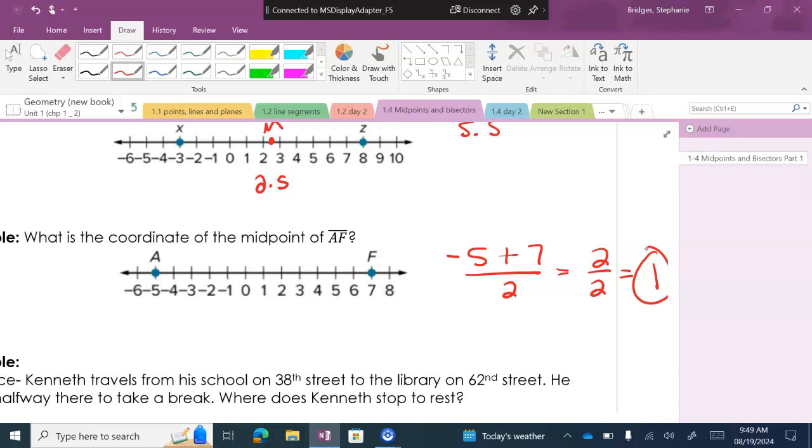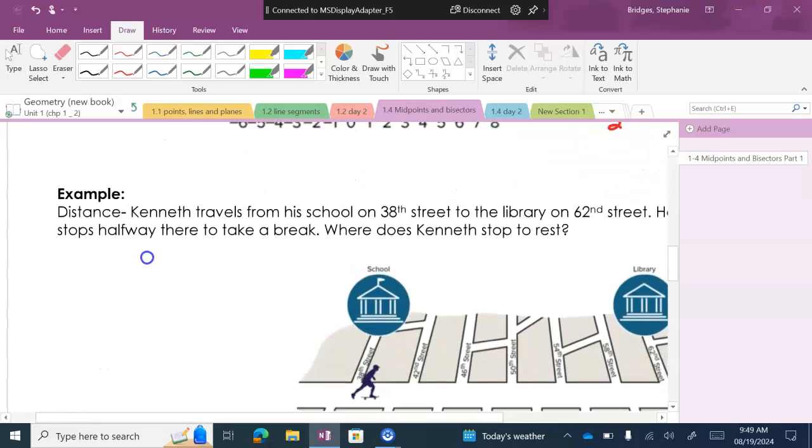To find the coordinate, we add the endpoints and divide by 2. To find the distance, we can just count or do the absolute values. How many streets away is his school from his house?